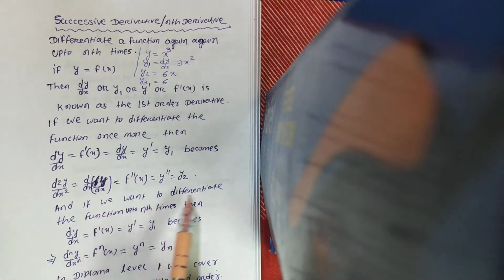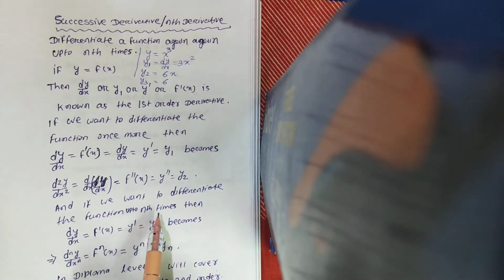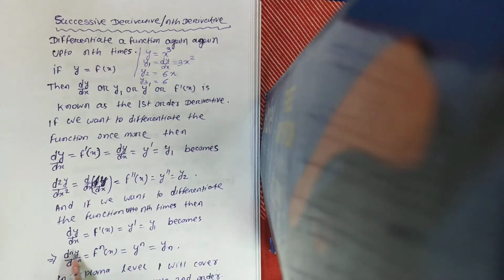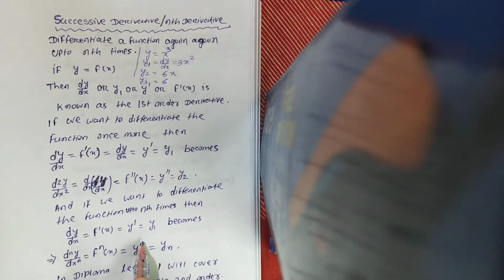And if we want to differentiate the function up to n times, then dy by dx is equal to f dash x is equal to y dash is equal to y1 becomes d^n y by dx^n is equal to f^n x is equal to yn, y to the power n or yn.